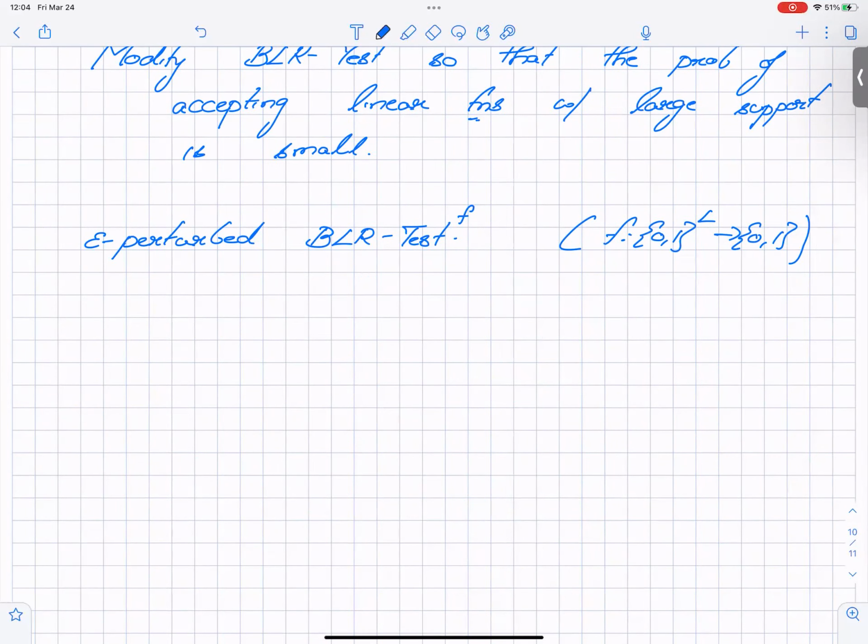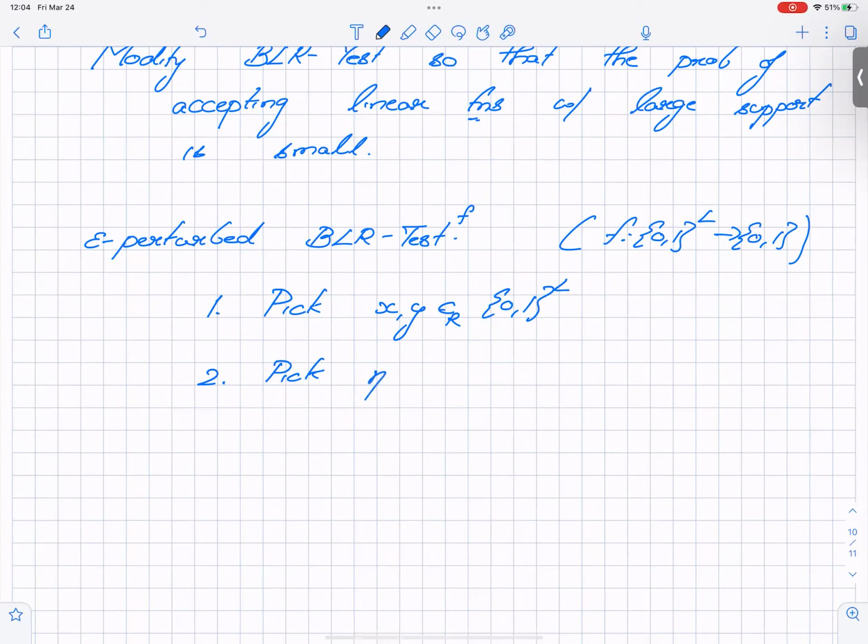So just go back to the BLR notation. We'll do the same thing. We will pick x and y at random from 0, 1 to the L. That's all it was in BLR. Now there's going to be a noise parameter, which will be epsilon.